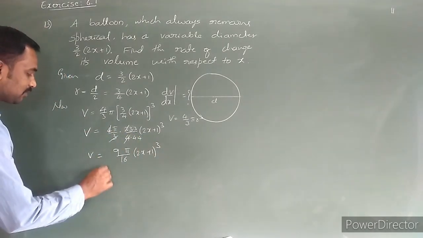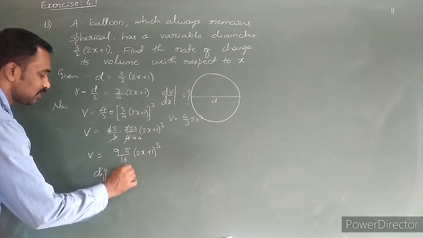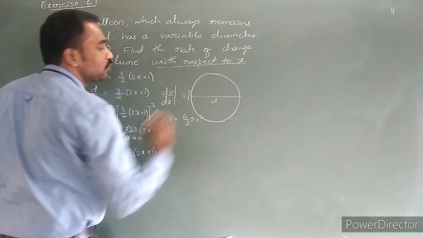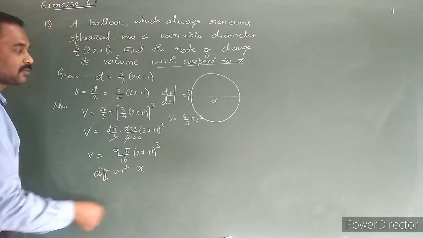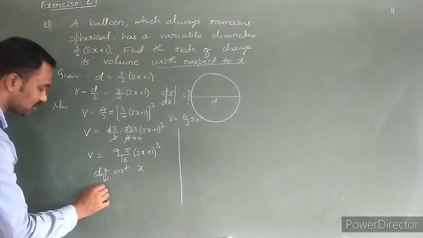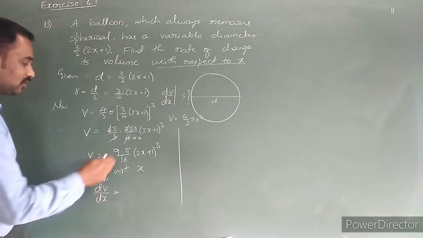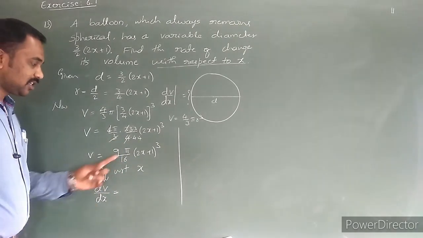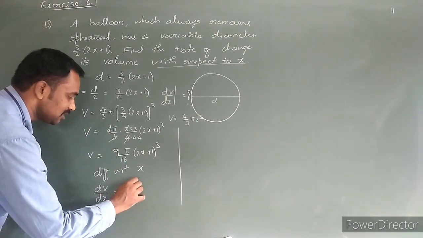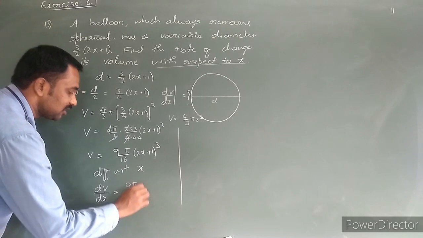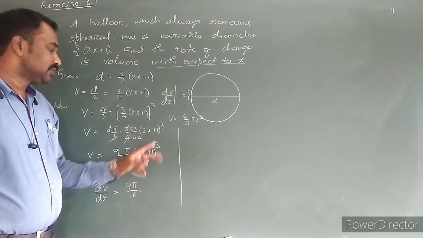Now here, differentiating with respect to what? Differentiating with respect to x. If you differentiate with respect to x, what do we get? dv by dx is equal to 9 pi by 16 is a coefficient, keep it as it is, 9 pi by 16 into (2x plus 1) whole cube.